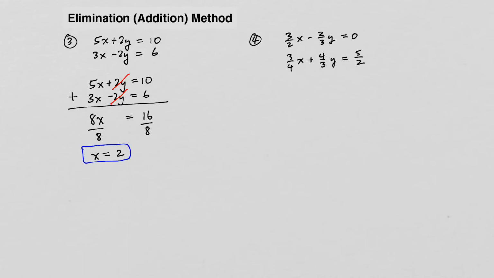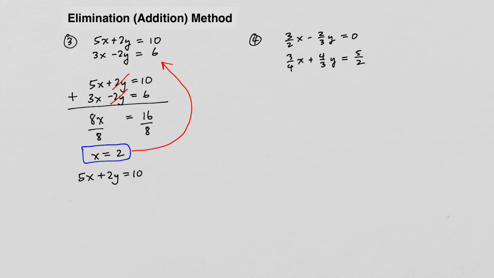Now, we're not quite finished. Once we know what x is, remember, we now have to take that value of x and plug it into one of those two equations. It doesn't matter which equation you plug it into. Let me plug it into the first equation, which is 5x plus 2y equals 10.